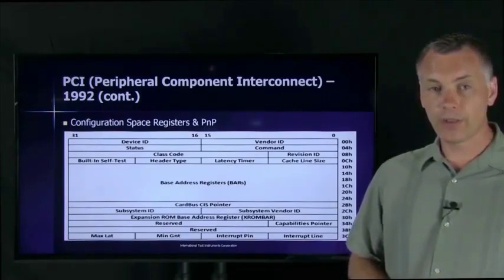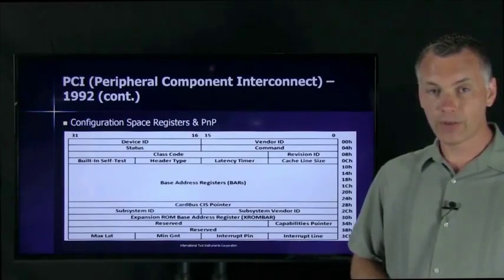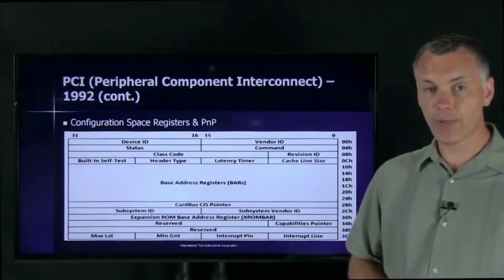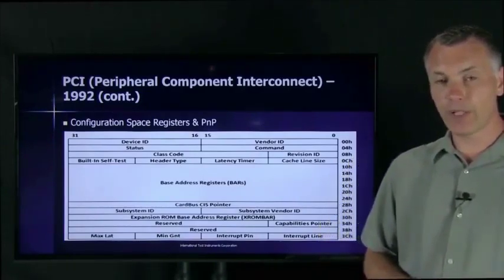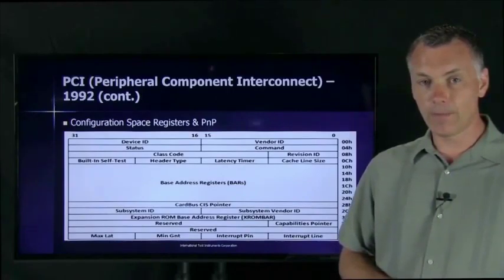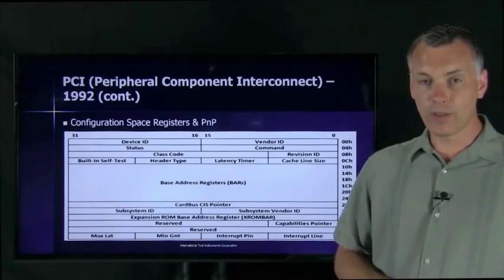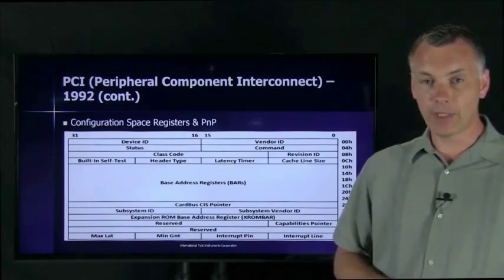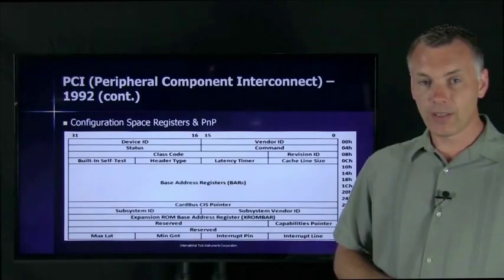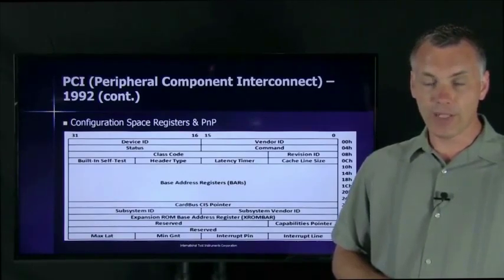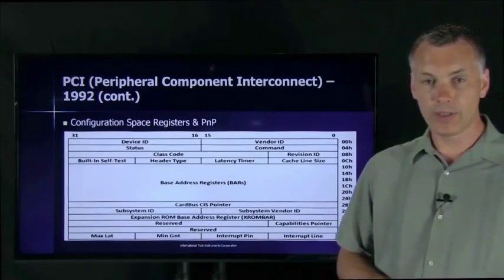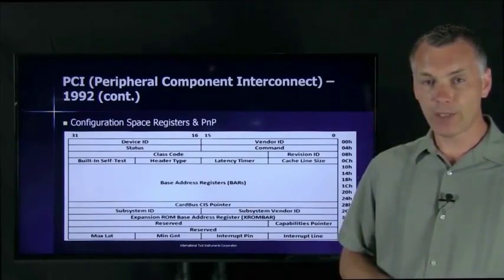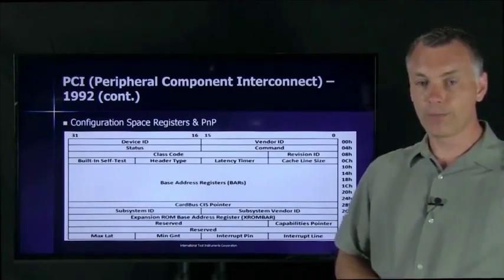The third address range on PCI is the configuration space. The configuration space registers are used by the operating system to learn about the capabilities of the device and what resources the device needs to do its work. So I'm going to go through the various registers behind me and give an overview of what they are used for.